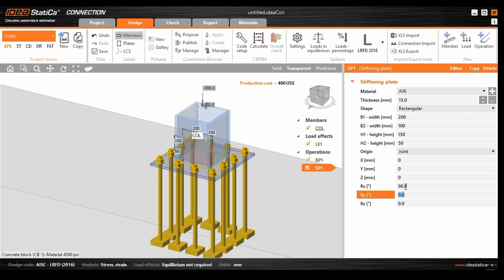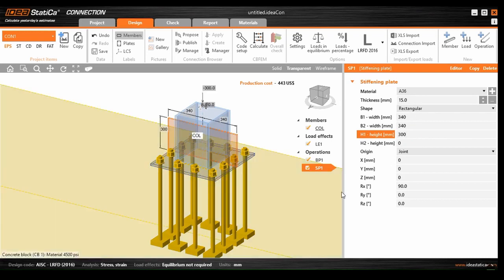Now I have to move it to the edge of the column. So in this part, I gave it 343 and then 300 and this one 0. Now I have to move it to the edge of the column.